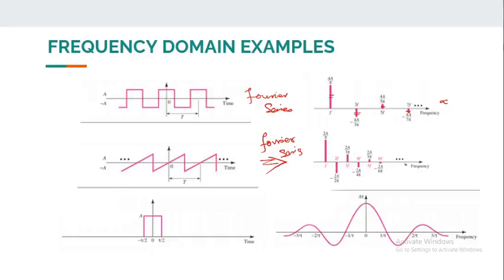This also goes up to infinity, but as we go rightwards, the significance of each component reduces. This is another example. This is not a periodic signal, it is just an impulse, just a pulse, an aperiodic signal, and its frequency domain is obtained by Fourier transform.